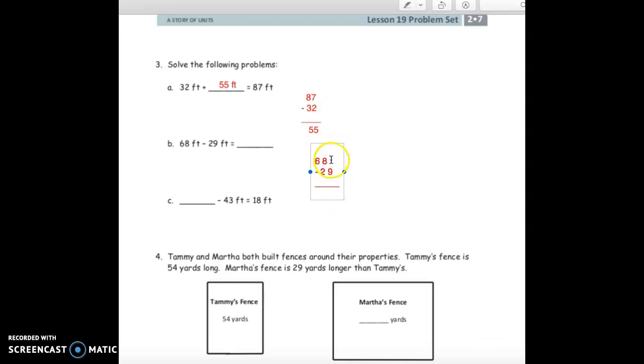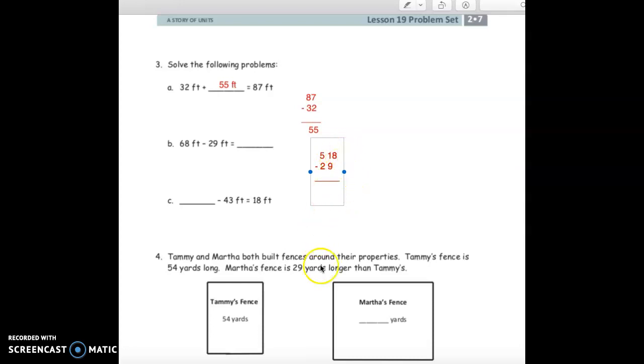Let's see. Can I do 8 minus 9 in my ones place? 8's smaller than 9, so that means I'm going to have to change this 6 to 5 and change this 8 to 18.